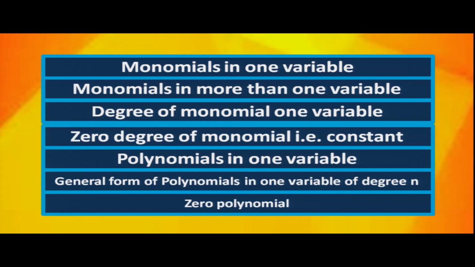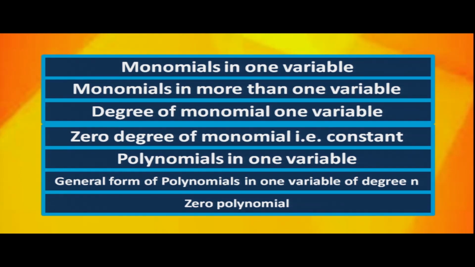Today we discussed monomials in one variable, monomials in more than one variable, the degree of a monomial of one variable, the degree of a constant monomial, that is, constants are monomials of degree 0. Polynomials in one variable: poly means many and nomial means terms.